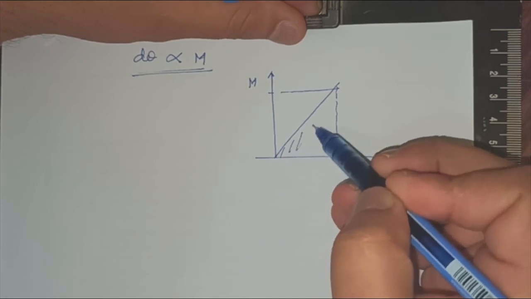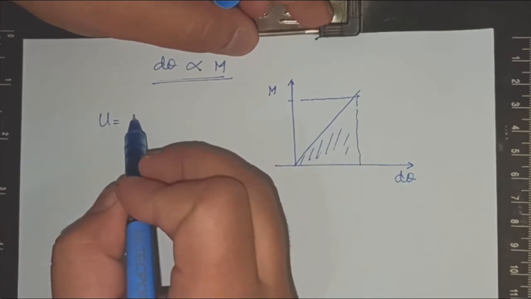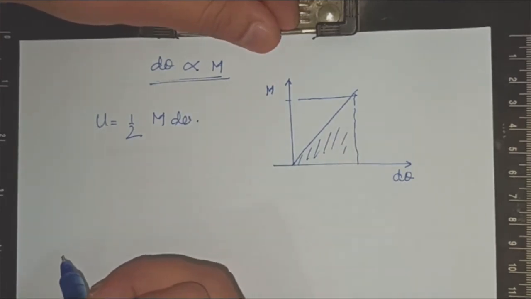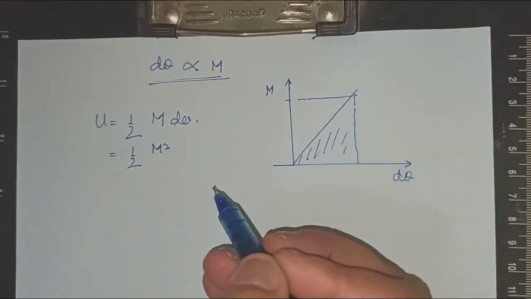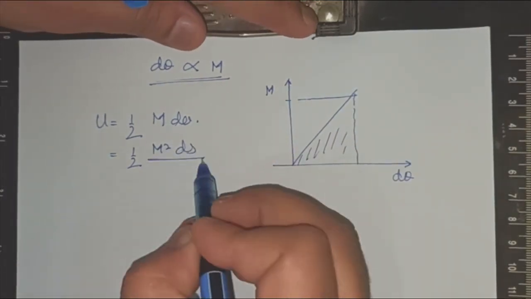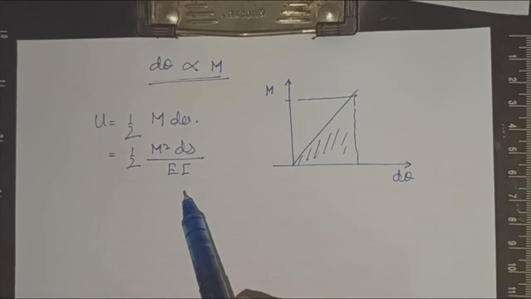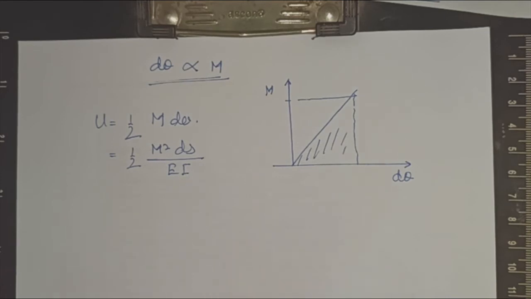The area under this curve will be the work done, and that is my energy. So U equals half M d theta, which equals half M square ds upon EI. Putting the expression for d theta here, this will be my strain energy when there is some bending moment.